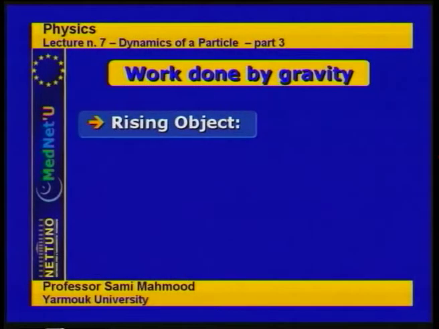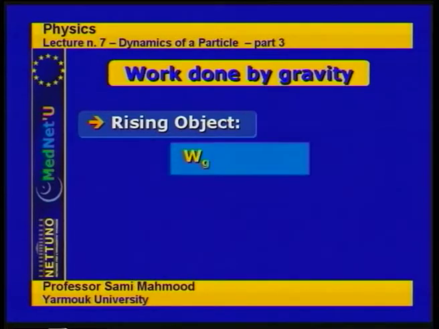We go back to our original definition, which is work is equal to m times g times d times cosine of the angle phi between the force and the displacement. And we ask ourselves, in this case of the object rising, what is the angle phi between the force and the displacement?